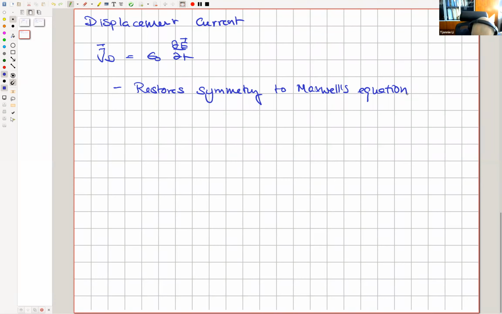So by introducing the so-called displacement current, which is a hypothetical current due to the change in electric field, something that was postulated by Maxwell, it also ensures conservation of charge.